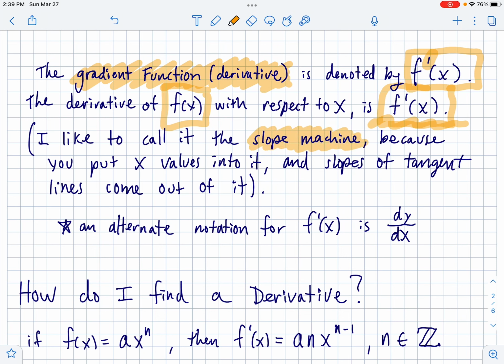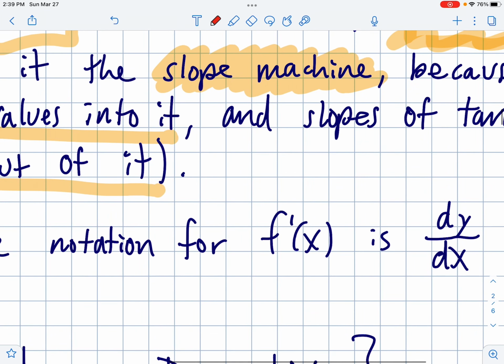Now, what is a derivative? A derivative is basically just a slope machine. It's a function that takes in x inputs and spits out slopes. So you put x values into it, and then slopes of the tangent lines come out of it. So you input an x value, and it outputs a slope of a tangent.